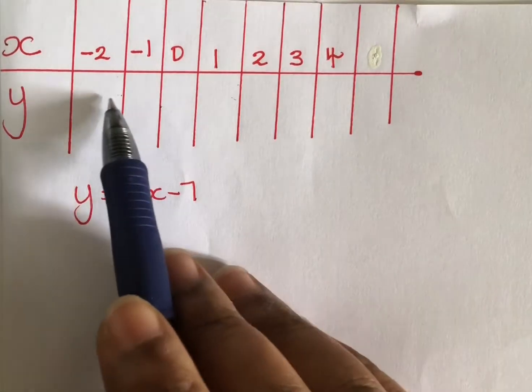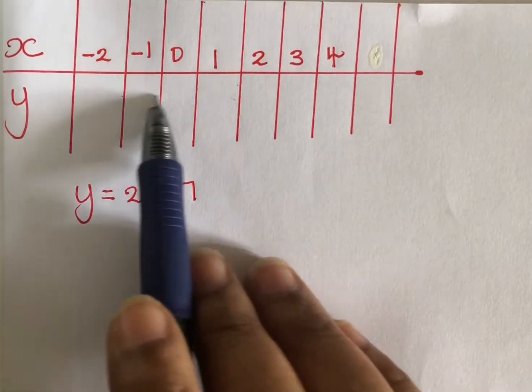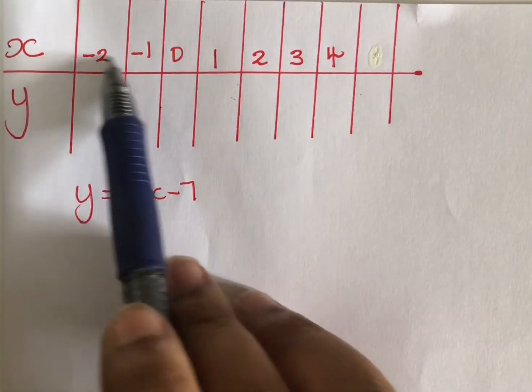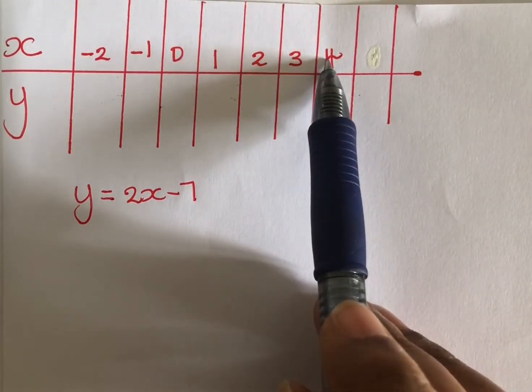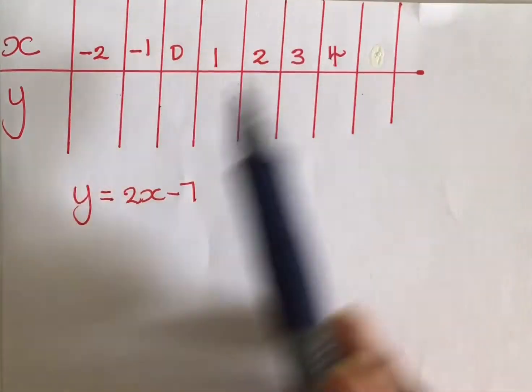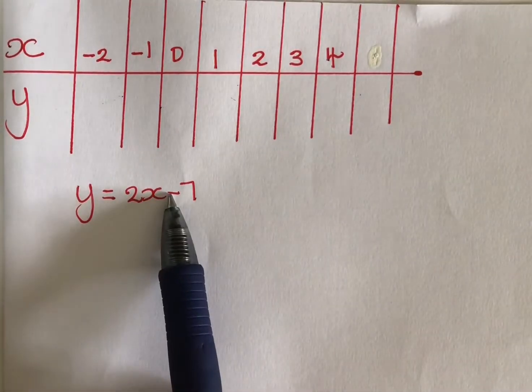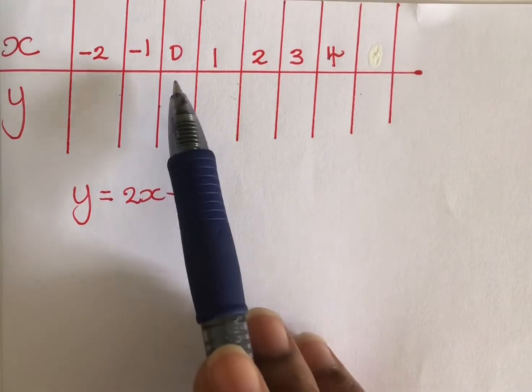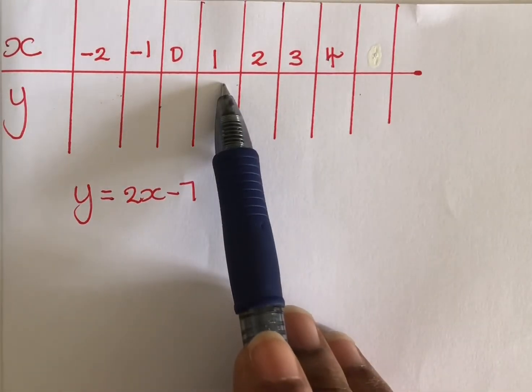Now what you will also notice, I do not have any of my y values in, but I know my x values, which makes it simple. I substitute these x terms into my linear equation individually, and I will get the corresponding y value.